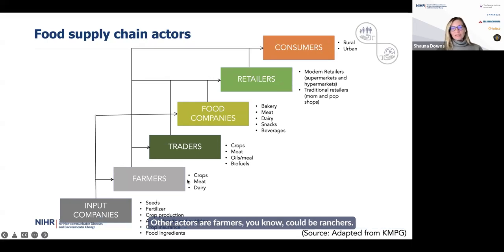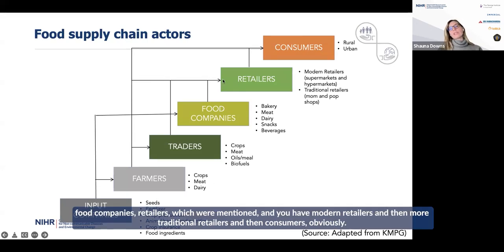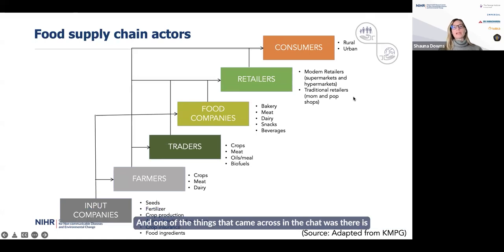Other actors are farmers, it could be ranchers, whatever type of farm it is, traders, food companies, retailers, which were mentioned, and you have modern retailers and then more traditional retailers, and then consumers, obviously. And one of the things that came across in the chat was a few of you were mentioning associations.